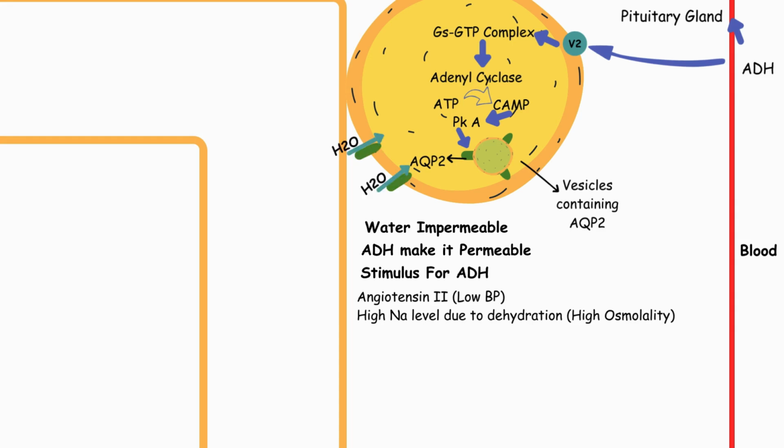Now water is reabsorbed from the lumen via AQP2 channels into the cell following sodium. Water will pass to blood through aquaporin 3 and aquaporin 4 channels at the basolateral membrane of the cell. Here is a small reminder, aquaporin 1 is present in descending limb of loop of Henle.